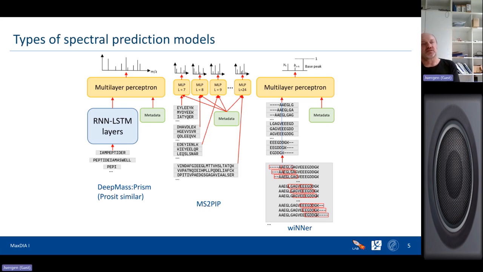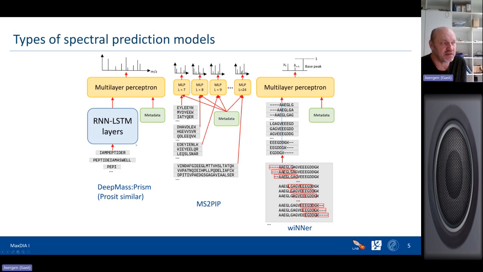So maybe just to recap what kind of prediction algorithms for the library you can have in general. They can be roughly subdivided into 3 parts. The first part you see on the left is the deep learning algorithms, for example, the recurrent neural network, that are in their nature able to deal with peptides of any length.